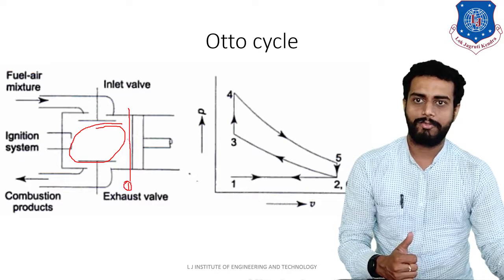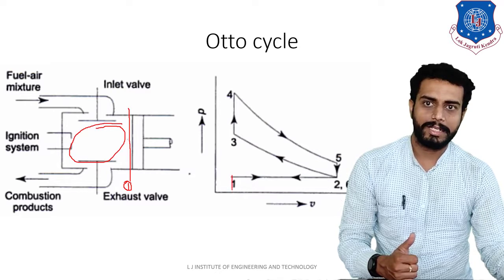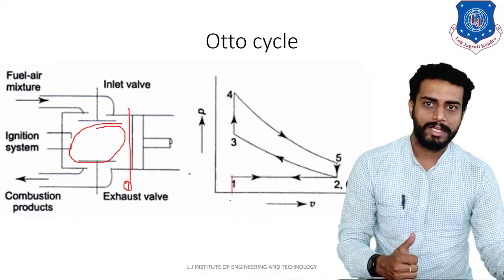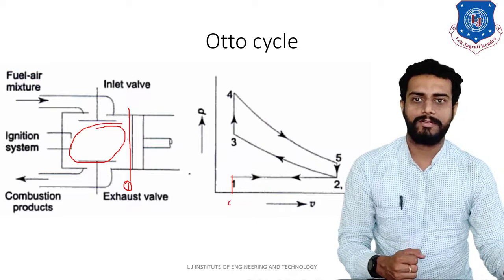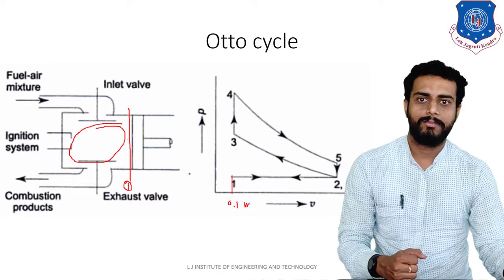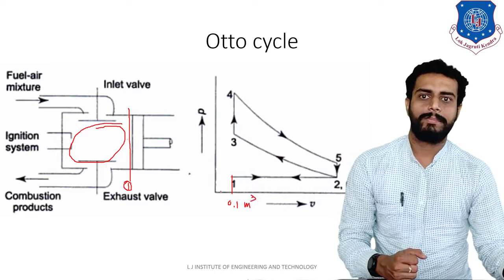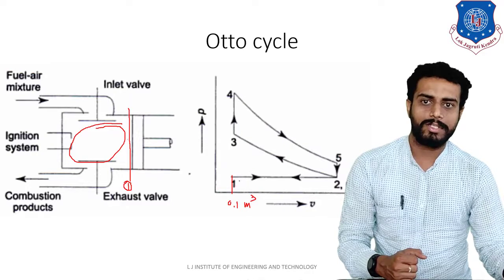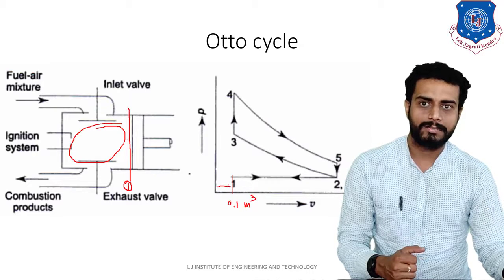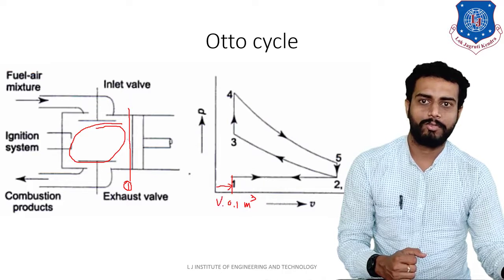If you observe the PV diagram, the point 1 starts from some value of V. Let us say, for example, 0.1 meter cube. I'm just giving an example. The value at 1 is not 0; it has some value, that is 0.1 meter cube. So this is known as clearance volume.